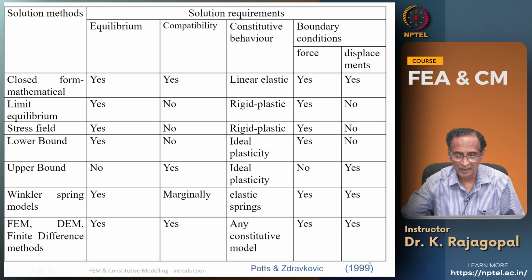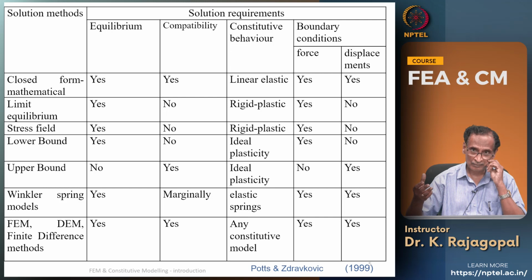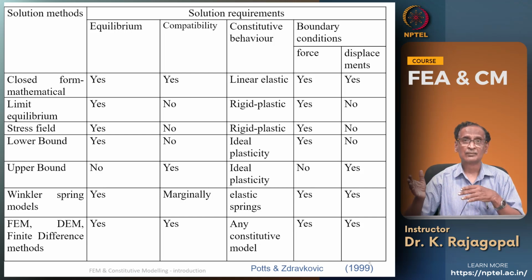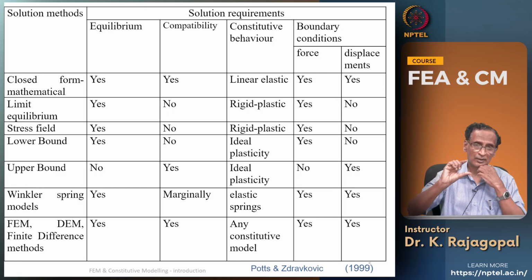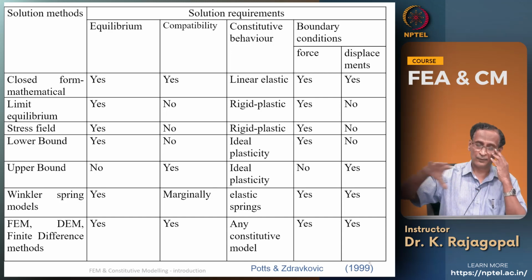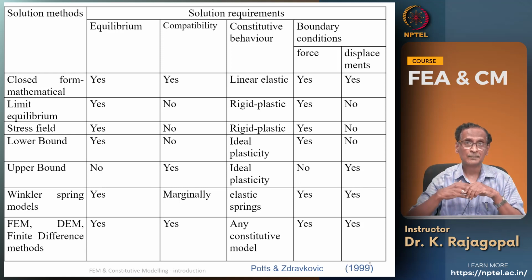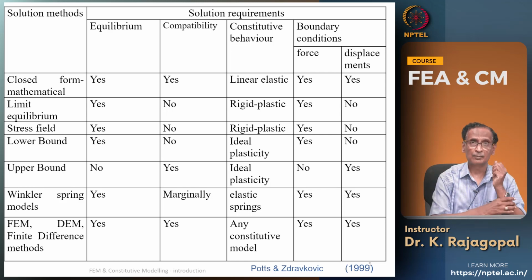And for the constitutive behavior, we have only elastic springs, or at the most we can put some nonlinear springs, and the displacements that we get may not exactly represent reality, because the Winkler spring has only one simple spring, whereas the soil may have different layers, say a soft layer, a hard layer and another hard layer and so on, and we will not be able to replicate all these layers by means of one single spring.